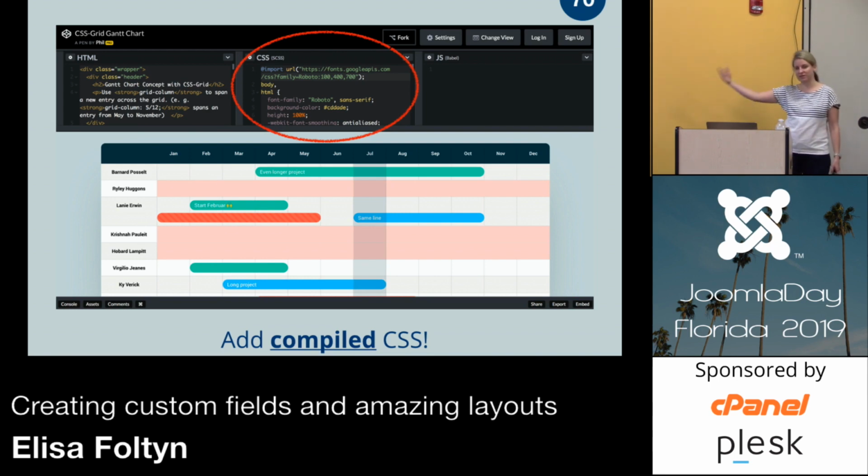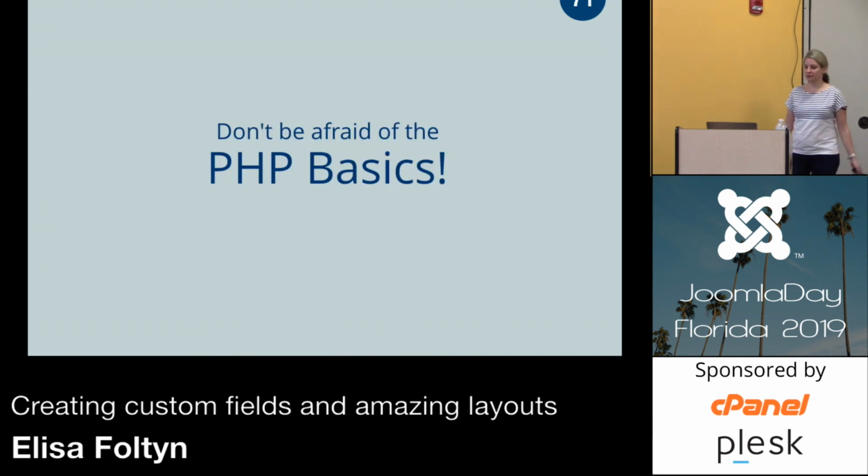Or of course you can use the SCSS if you have a SCSS structure in your template. So I copy this and put it in here, so I already have the code base for it. And now I will tell you something about PHP basics.